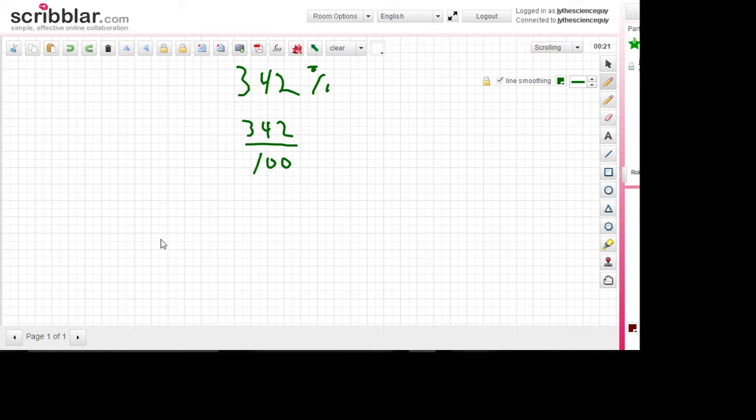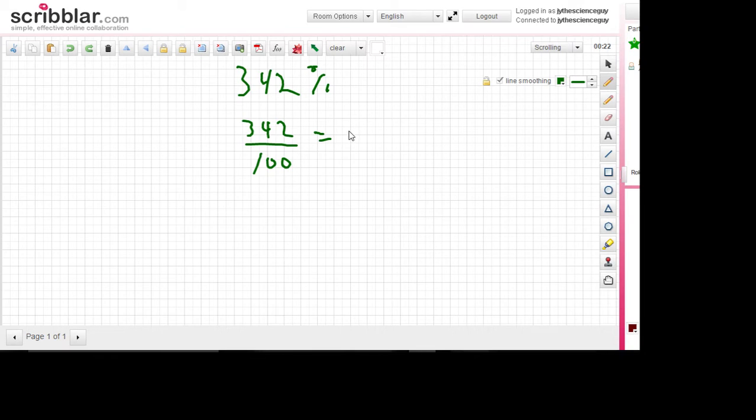Wait a minute now. 342 over 100. Okay, so how do I do this? All right. So what number goes into both of those? We just have to reduce because we can't cross out any zeros. 100 doesn't go into that evenly. What number goes into both 100 and 342? 2.